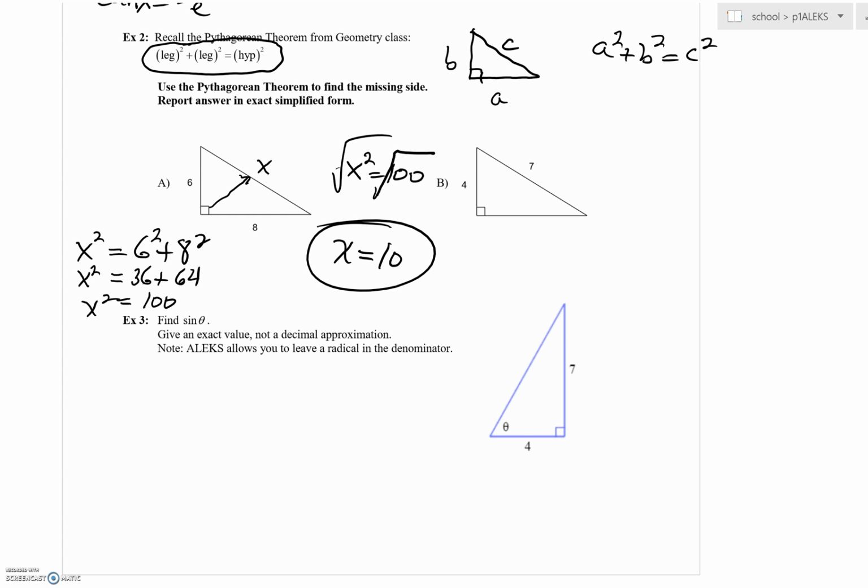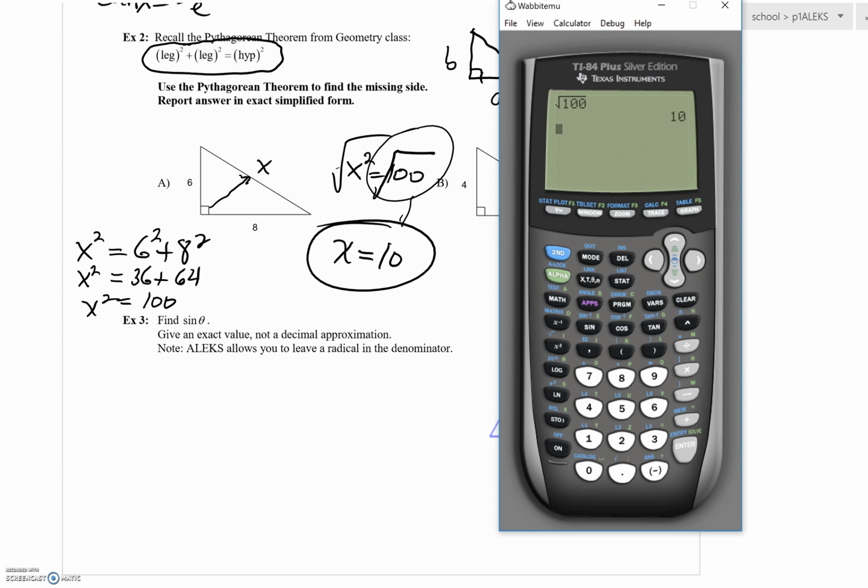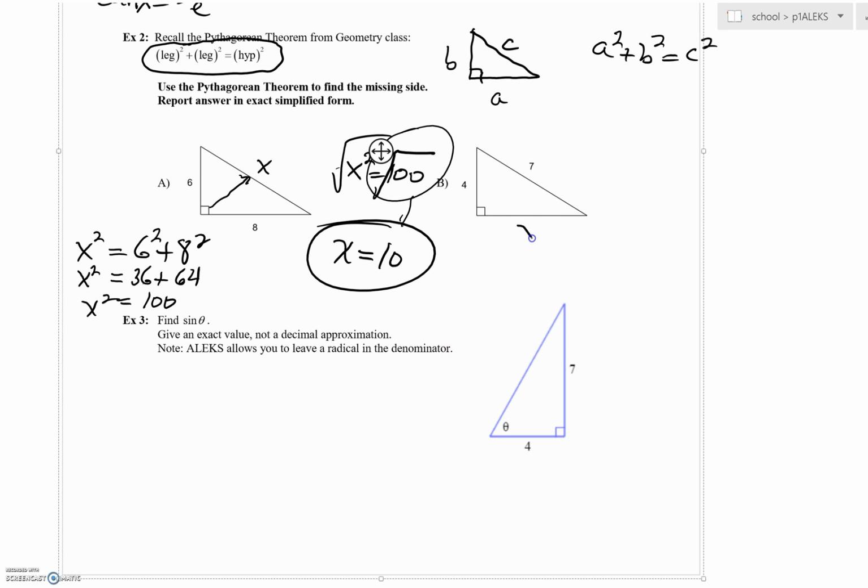It would stay in a radical. For example, if it would have been the square root of 97, we would have left it as the square root of 97. But if it's the square root of 100, if it works out to a whole number, then you write that answer down. Let's do part B and find out what x is here.